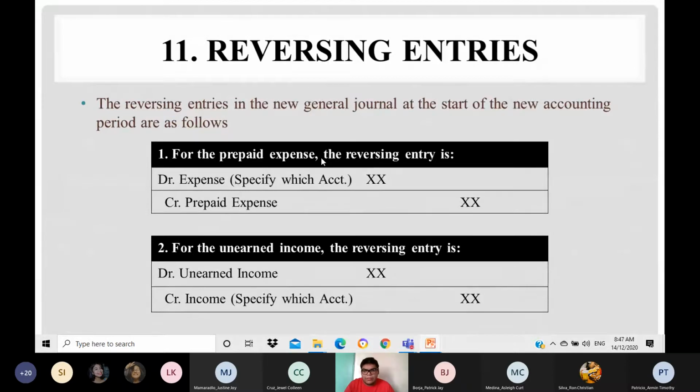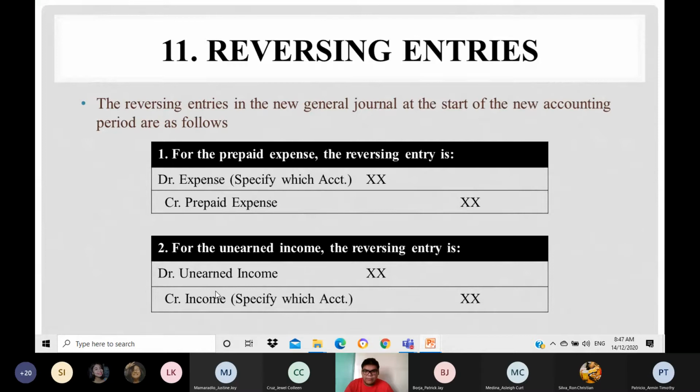Prepaid expense, so debit to expense, credit to prepaid expense, and then yung amounts. And then for the unearned income, the reversing entry is, of course, debit unearned income and credit to the income.